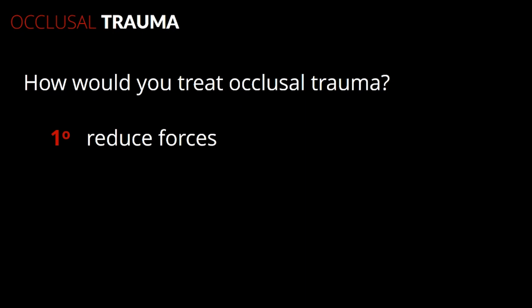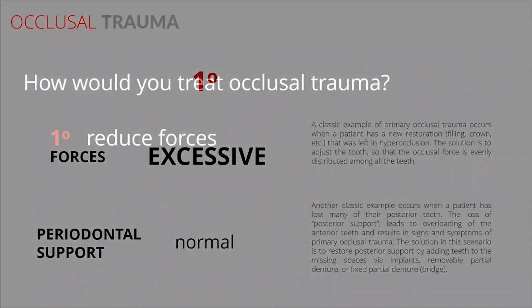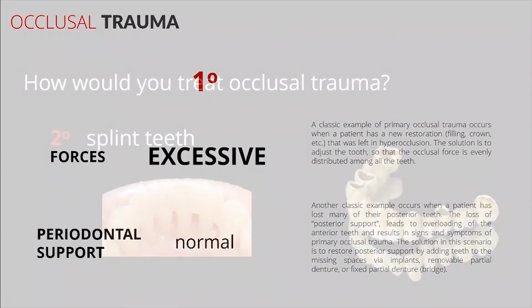Another thing you can do, if they just lost a few and have enough back teeth, is possibly connect multiple posterior teeth together via a bridge or fixed partial denture. So those are all ways in which we can reduce forces: replace the missing teeth, either via implants, a partial denture, or a fixed denture, aka a bridge.